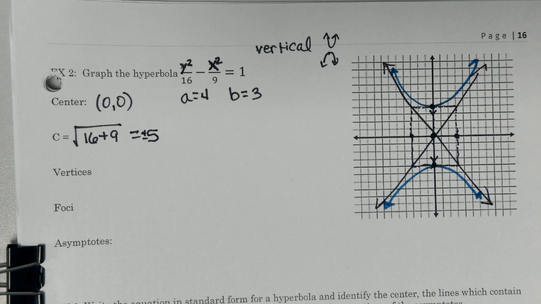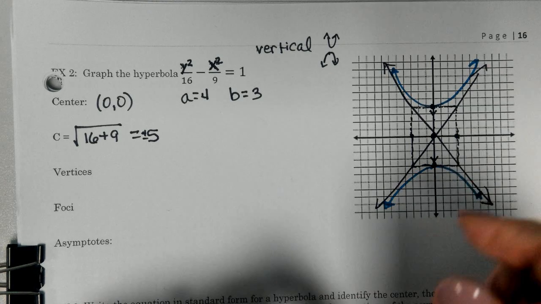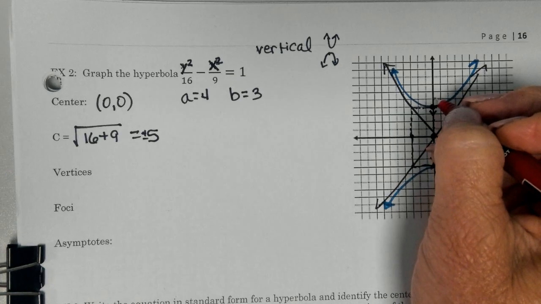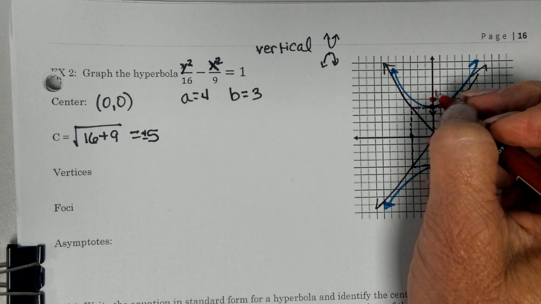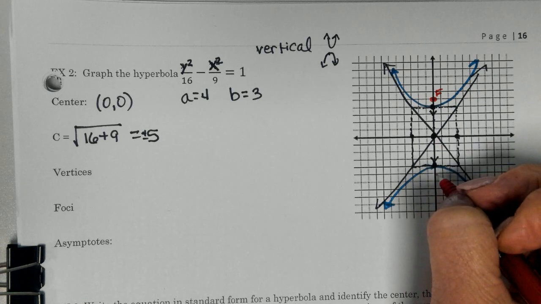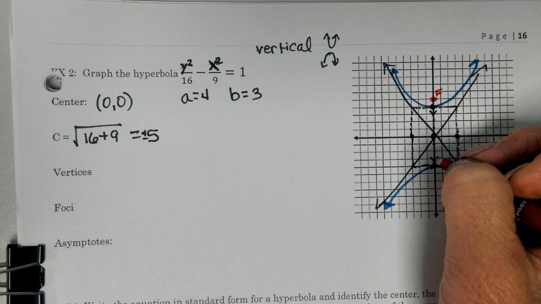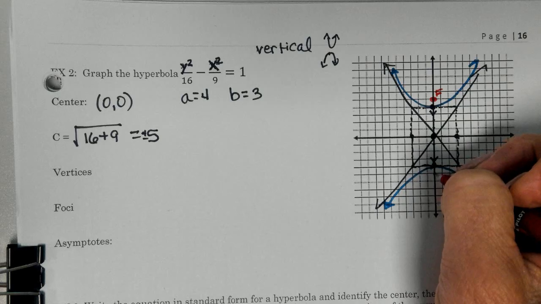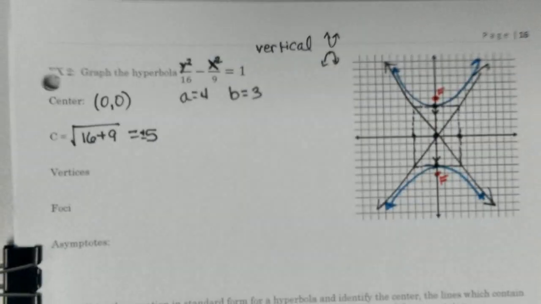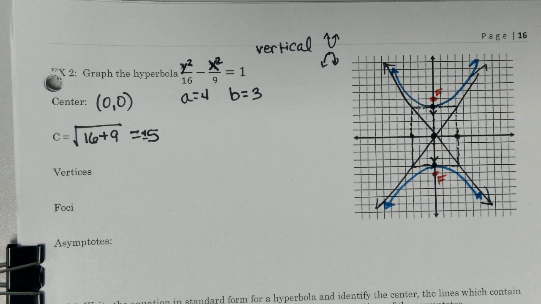And we're moving from our center. 1, 2, 3, 4, 5. So here's my focal point here. And then I've got one the other direction. 1, 2, 3, 4, 5. Right here. And notice those focal points are inside your curves. The focal points are always going to be inside the curves.